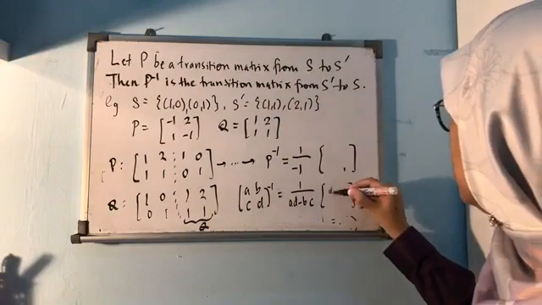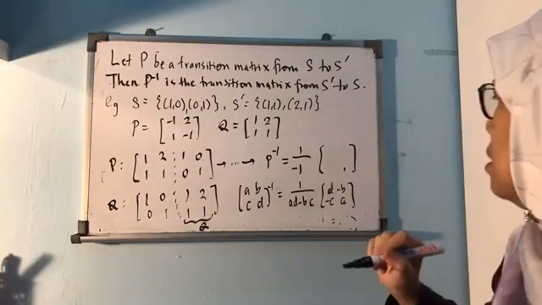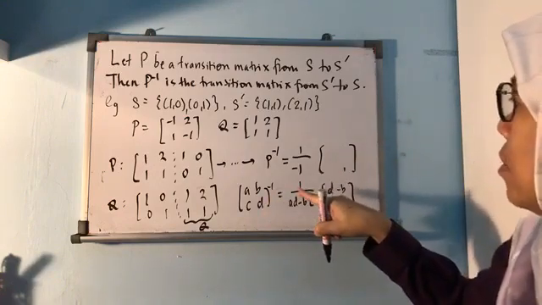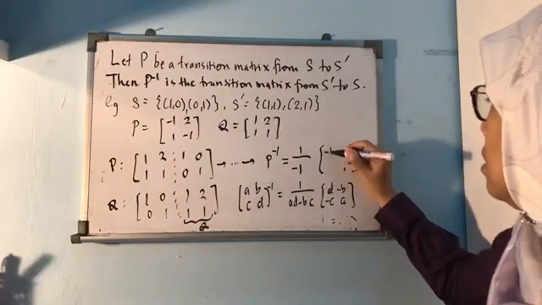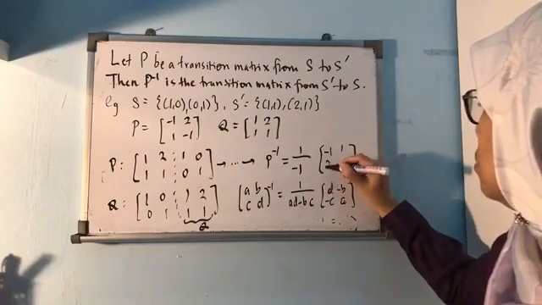So this one is D, A, negative B, negative C. So this is negative 1, this one changes to 1, 2.